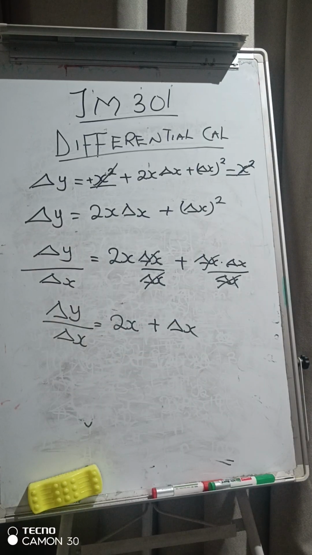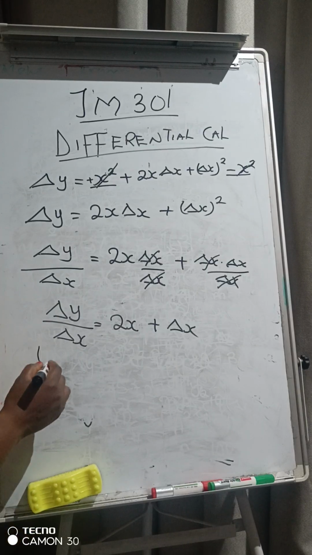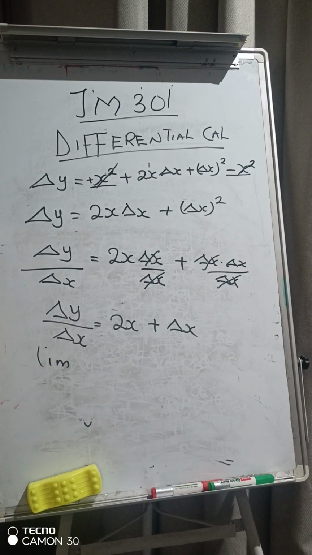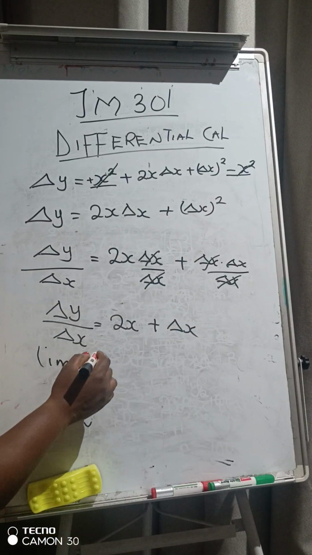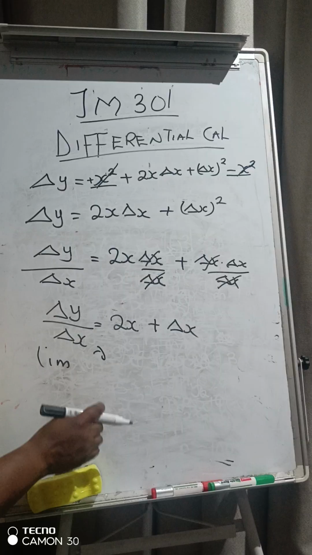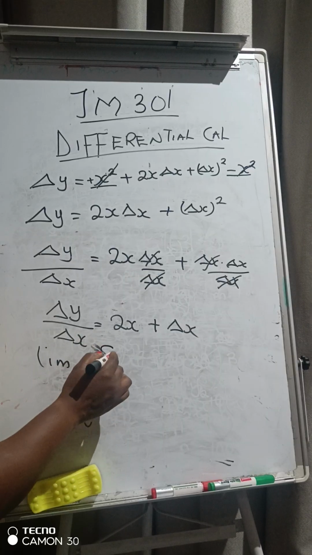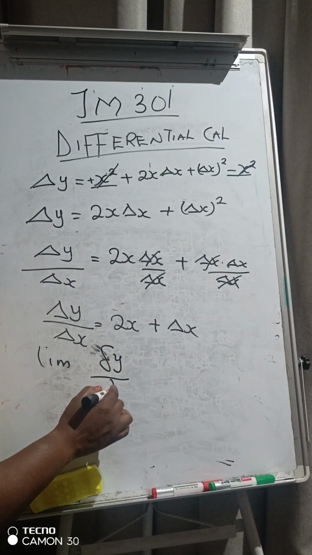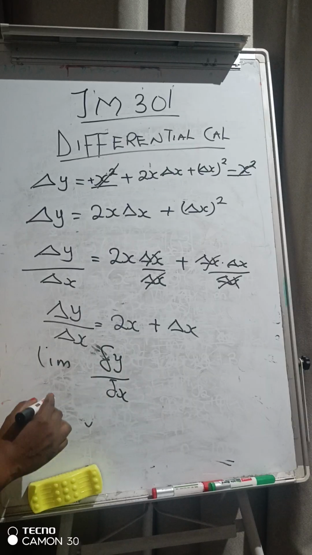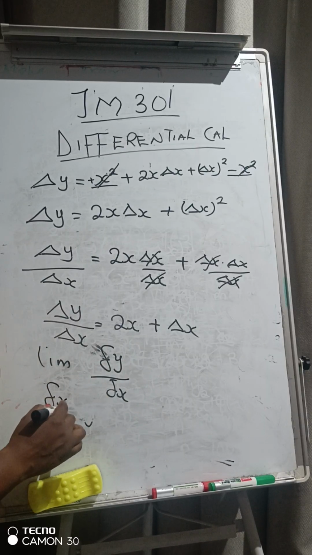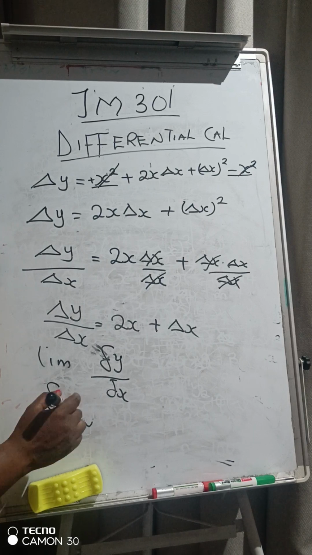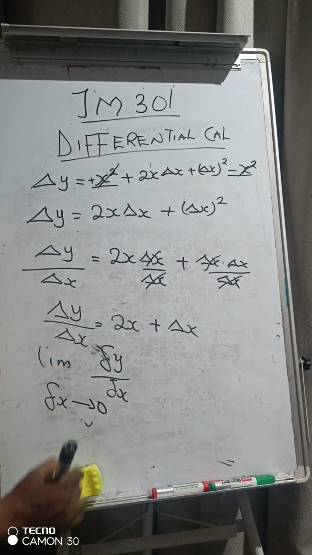So I'm sure you must have heard about the principle of limit. So we now take the limit, and anytime you're checking the limit, the change in y becomes the dy over the dx, and this occurs at the point where the change becomes so small as it approaches 0.